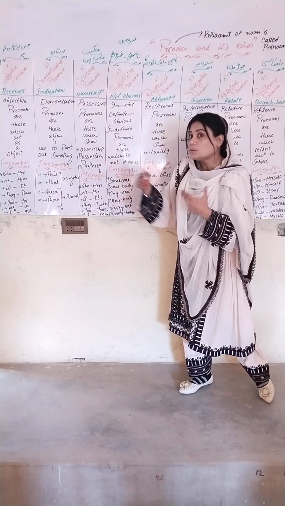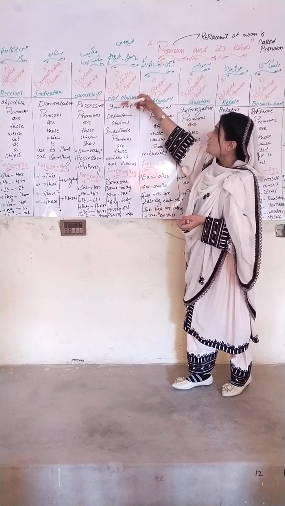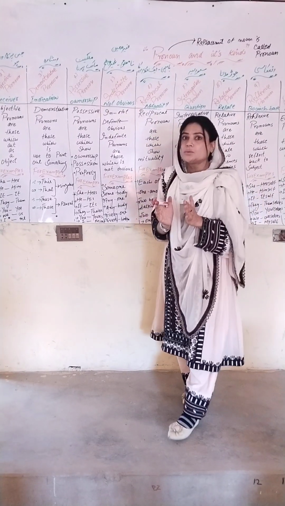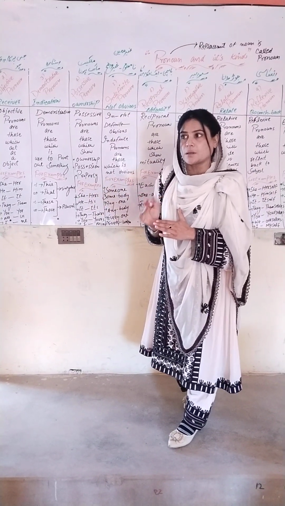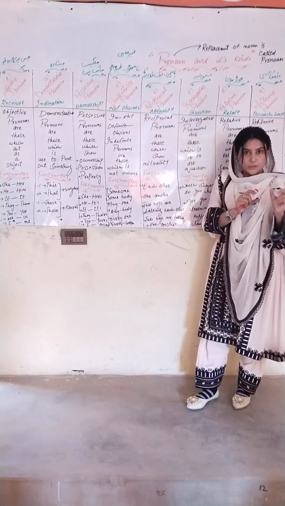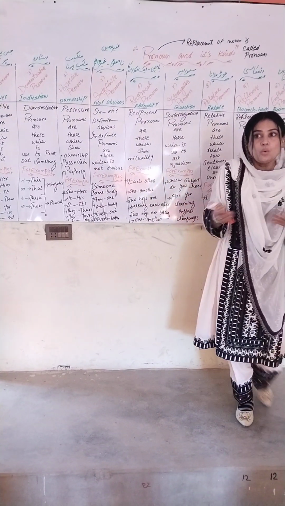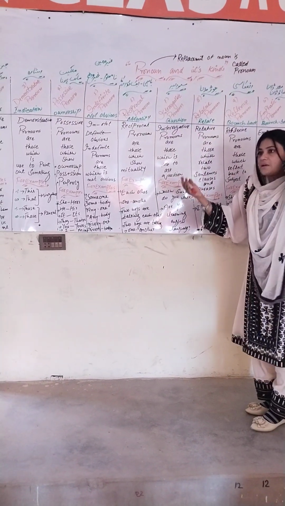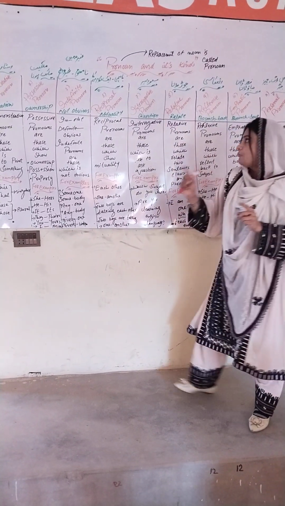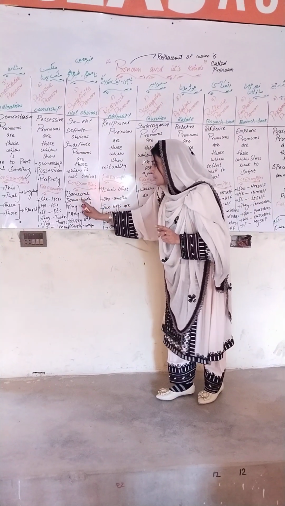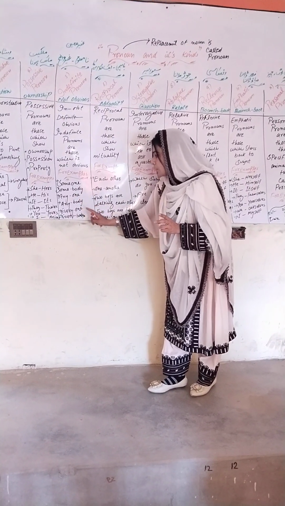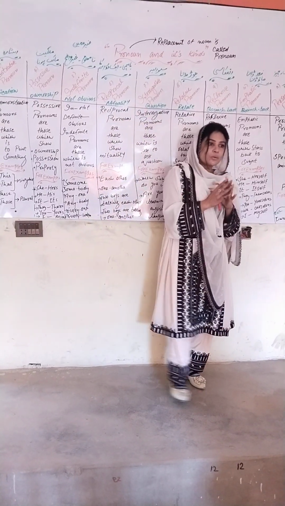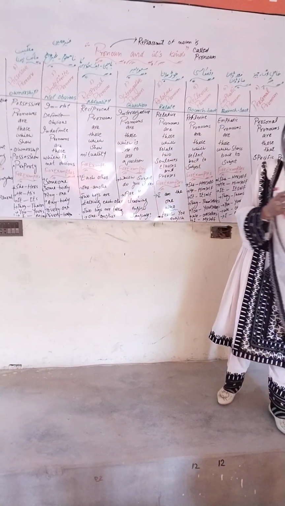Someone is knocking at the door, but you do not know who he or she is. In Urdu, it means unknown. Someone, somebody, anyone, anybody, everyone, everybody, everything. You do not know the exact identity, that is the meaning of indefinite pronoun.